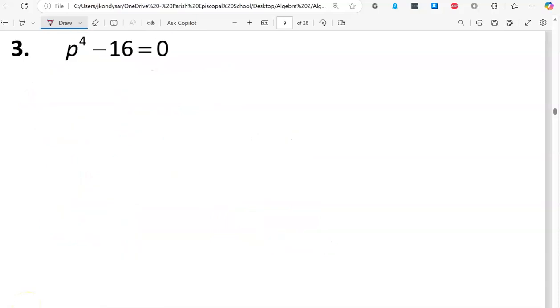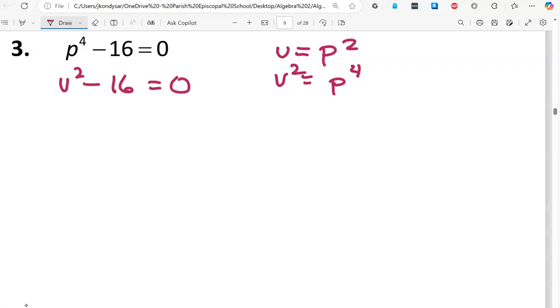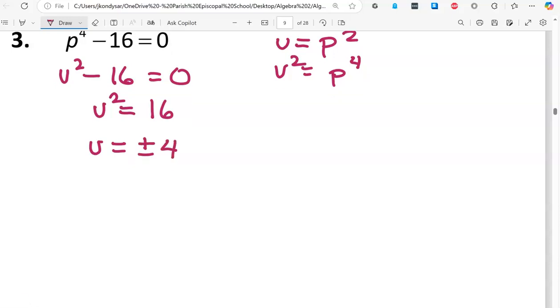In 3, we have p to the 4th minus 16 is equal to 0. We can let u equal p squared, and u squared would be equal to p to the 4th. So if we replace our p to the 4th with u squared, then we get u squared minus 16 is equal to 0. We can solve this one easily with a square root by moving the 16 to the other side, and then solving, and u is equal to plus or minus 4.